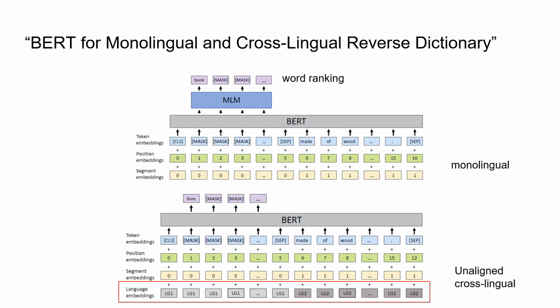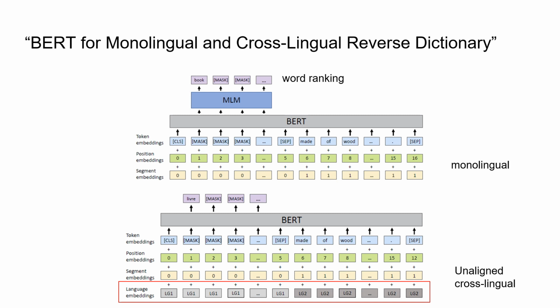Inspired by the powerful BERT model, there's a research that used BERT for reverse dictionary. For monolingual tasks, they use a list of mask tokens as the first segment, and the second segment is the description. Finally, the masked language model needs to predict the target word ranking.